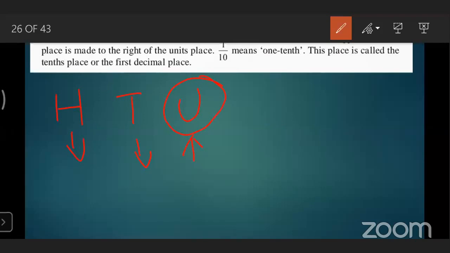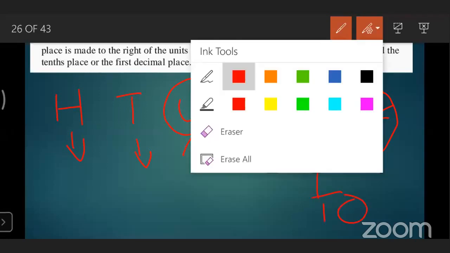When we divide that unit into 10 equal parts, that becomes 1 upon 10. For example, if we have one whole pizza, and we have to give that pizza to 10 people, then what we will do, we will divide that pizza into 10 equal parts, right? So the fraction of that pizza will be 1 upon 10, right?